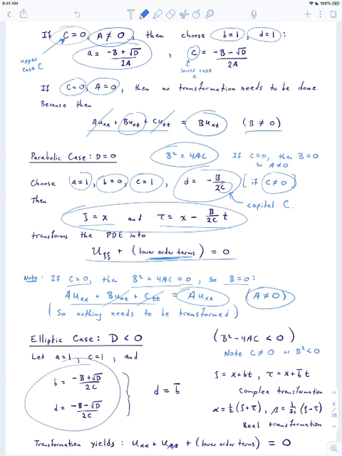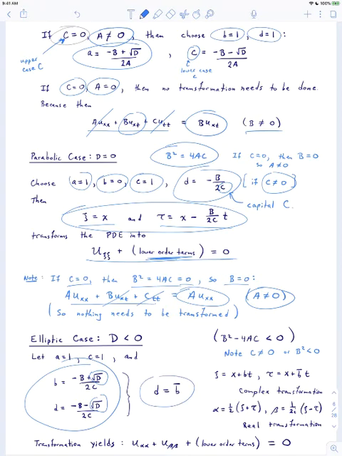So b is equal to minus capital B plus the square root of the discriminant over 2c, and lowercase d is equal to minus capital B minus the square root of the discriminant over 2 times capital C. Notice in this case, the discriminant is strictly negative. So that means these radicals are purely imaginary. So what that tells you is that b and d are complex conjugates of one another.